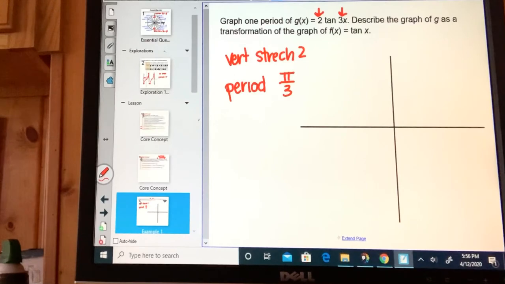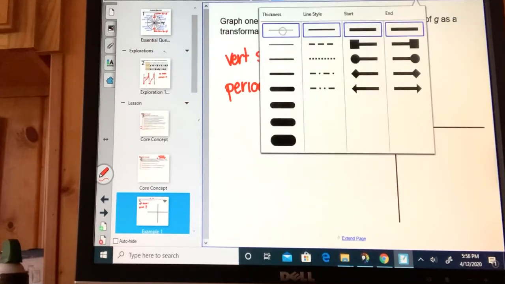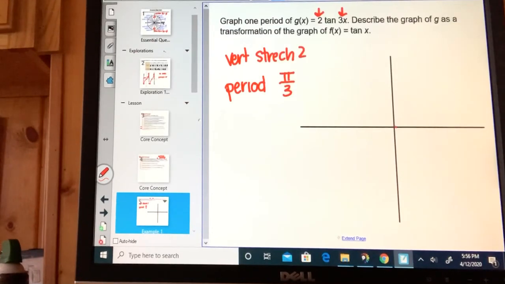I didn't move left or right, up or down any, so I know that my first asymptote is at 0, and instead of going over to pi over 4 and up 1, I'd say, well, if I go 1 notch, it should go up, not 3, it should go up 2, because of this vertical stretch of 2.